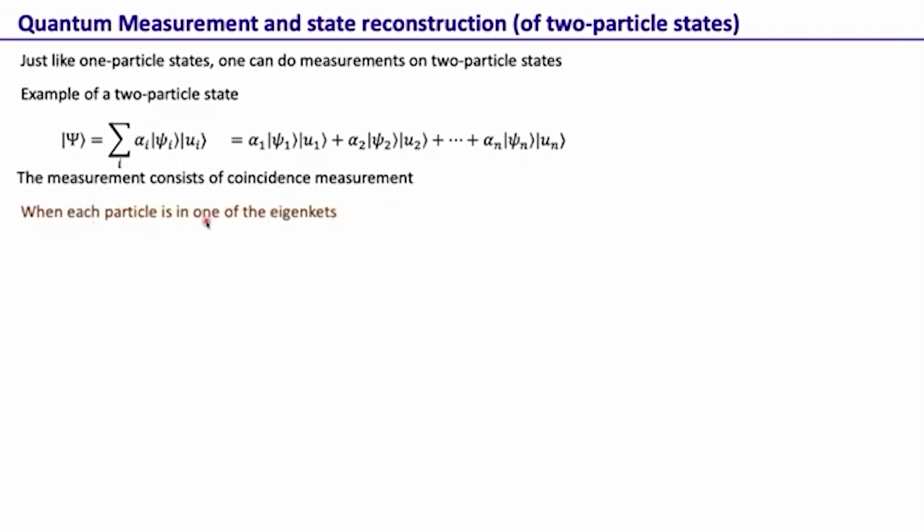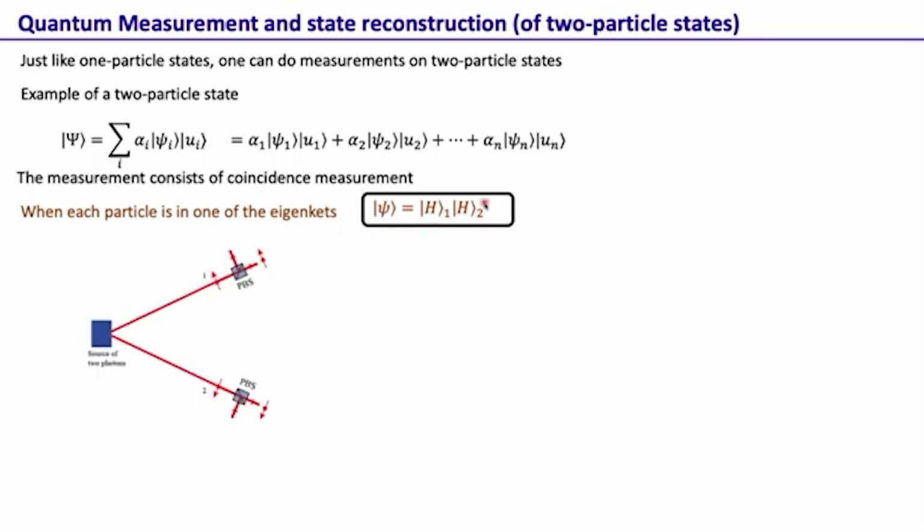Now when each particle is in one of its eigenkets, for example if psi is just h1 h2, that means the first particle is horizontally polarized and the second particle is horizontally polarized. That means there is only one term in this superposition. In this case, if you want to reconstruct the state, how many measurements do we need? We just need one measurement. Why? Because this state says the first particle is horizontally polarized, and the second particle is also horizontally polarized.